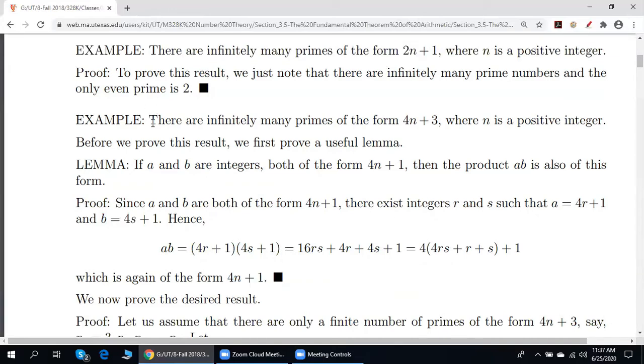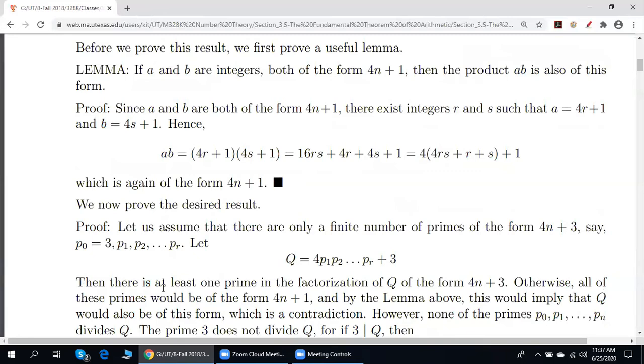Now let us prove the main result. We will prove it by contradiction. Let us assume that there are only a finite number of primes of the form 4n plus 3. Let us list all these prime numbers.